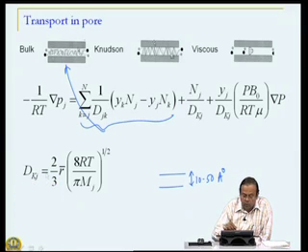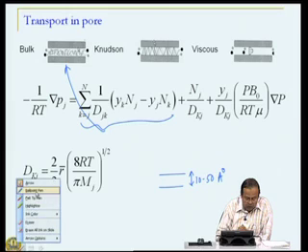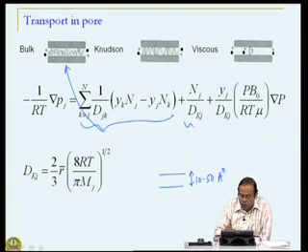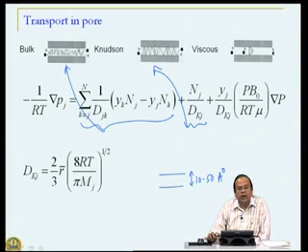Therefore, the diffusion which is driven because of contact between the gaseous molecule and the wall of the pore is referred to as Knudsen diffusion. And so the second term that we see over here is the contribution of Knudsen diffusion. Okay, that is primarily because of contact between molecule and wall.